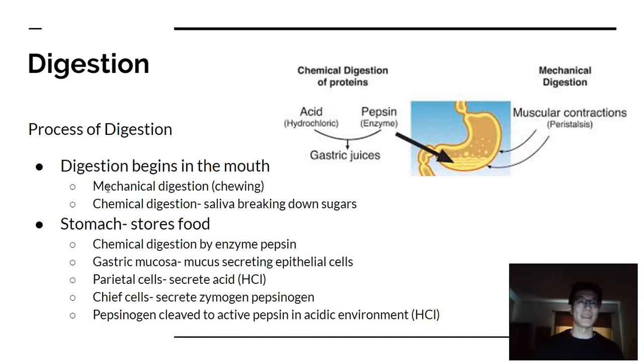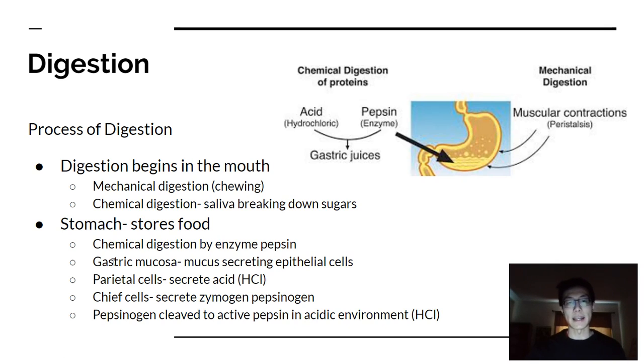That really happens in the small intestine, but we can break down those large polysaccharides into disaccharide units. As for lipids, chewing doesn't really do much, and proteins, chewing really doesn't do much either. You can break down a bigger glob of fat into a smaller glob of fat, but it doesn't really help out all that much in terms of chemistry.